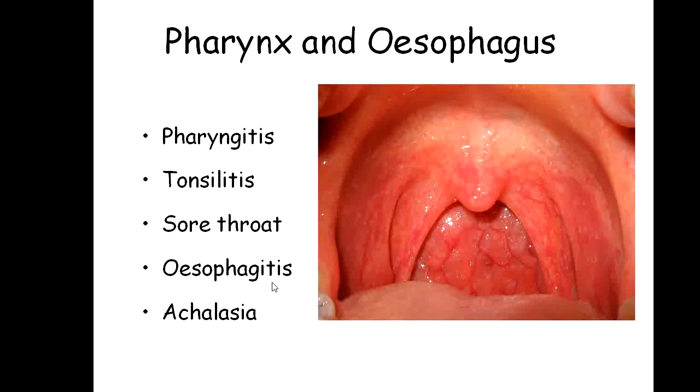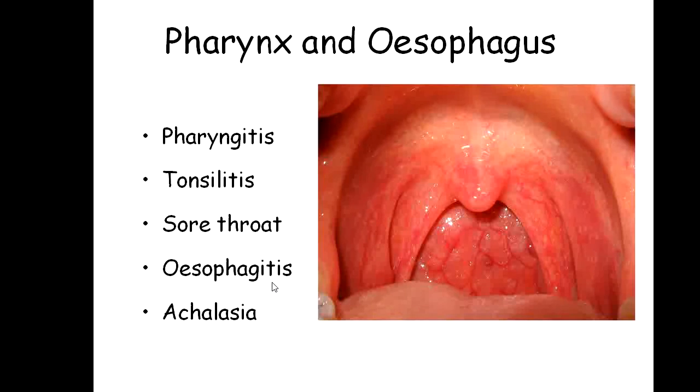When the food comes in contact with the cardiac sphincter from the esophageal side, this muscular mass, this cardiac sphincter gets opened automatically due to contact with the bolus.